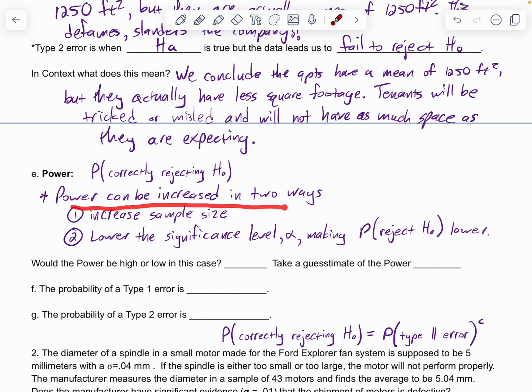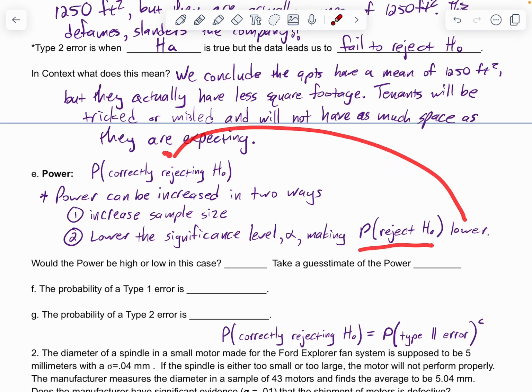The power can be increased in two ways. If you take a larger sample, you're going to increase the probability of correctly rejecting the null. And number two, if you lower alpha, it's going to make the probability of rejecting the null lower.